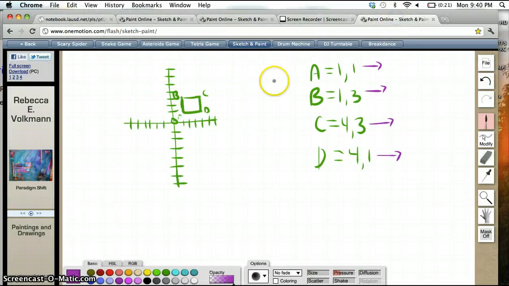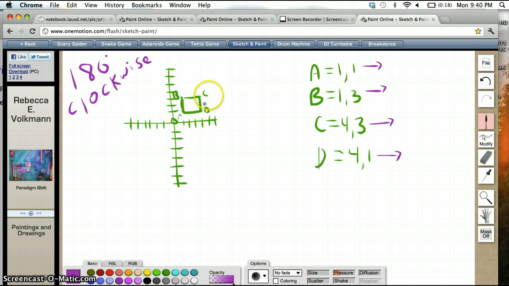So let's look. So again, what we're going to do is rotate 180 degrees and we're going to go clockwise. So 180 degrees clockwise. So clockwise means you're going the way a clock goes, okay? And 180 degrees means that you're moving that figure over 2 quadrants, where with 90 degrees we only moved it over 1 quadrant.